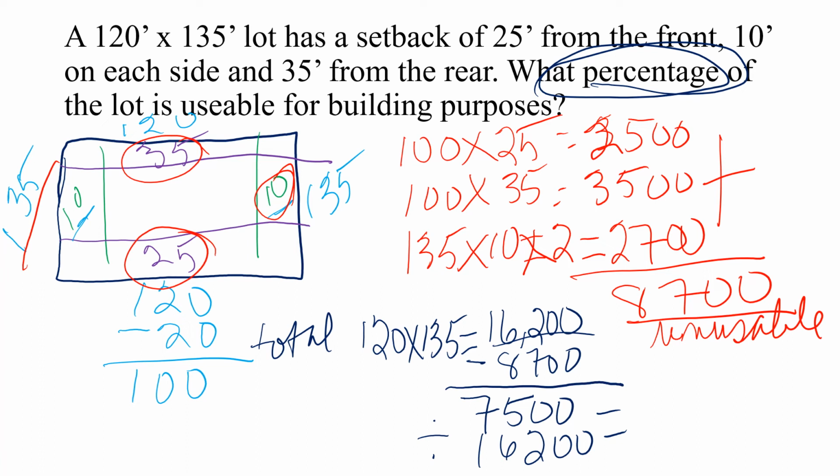I'm going to change colors again, which gives us 0.4630. 7,500 divided by 16,200 is 0.4630. But we want a percentage, so I multiply that times 100, and that equals 46.30.